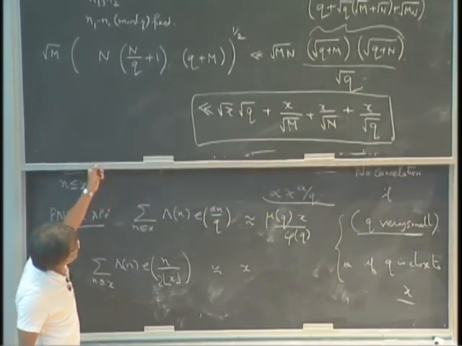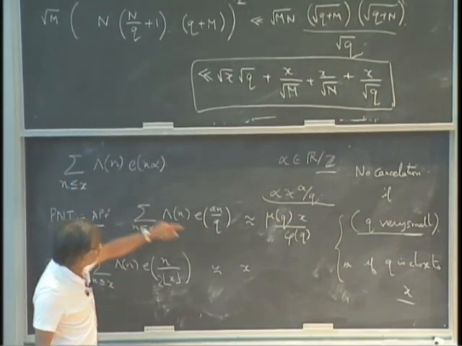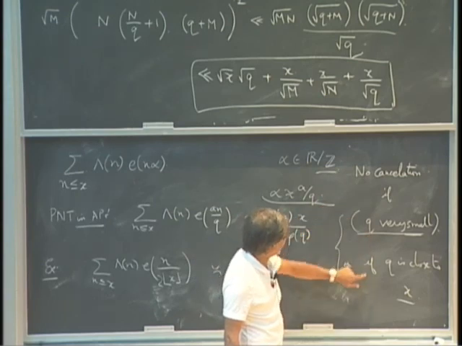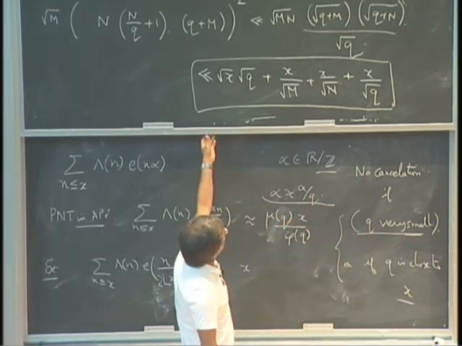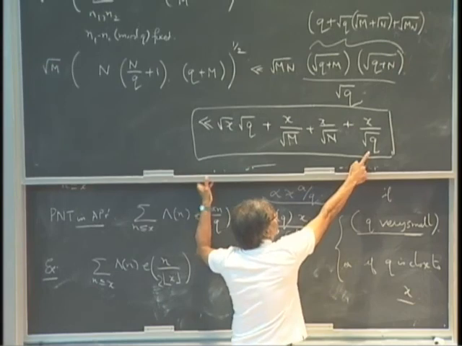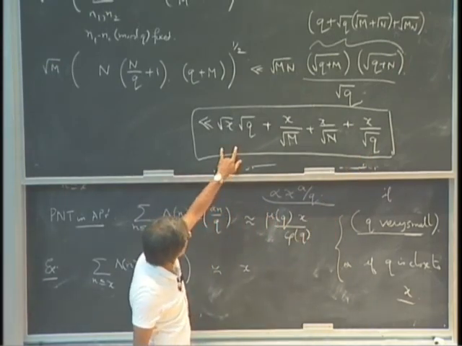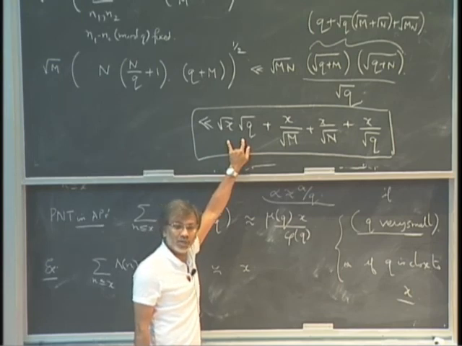Okay? And you can see that this is a good bound. It's capturing the flavor of not getting cancellation if q is very small or q is very large. If q is very small, this term is big, and you don't have much cancellation. If q is very big, close to x, this term is very big, and you don't get any cancellation, right?